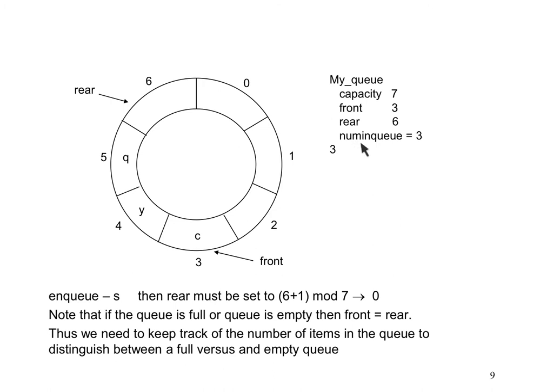And then you're going to want to have this extra number-in-queue variable that represents how many things are in the queue, because we could try to use rear minus front to give us the number in the queue, but that turns out to have a difficulty distinguishing: you get the same answer when the queue is full as when it's empty.